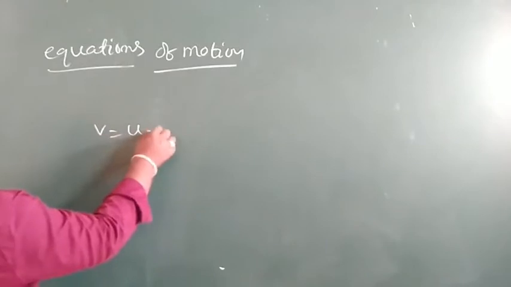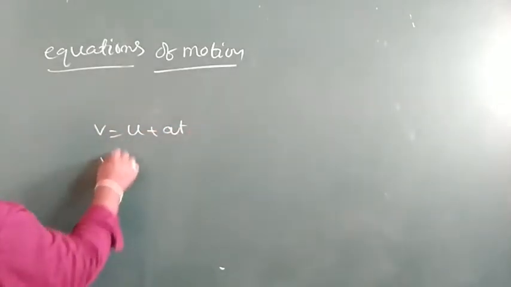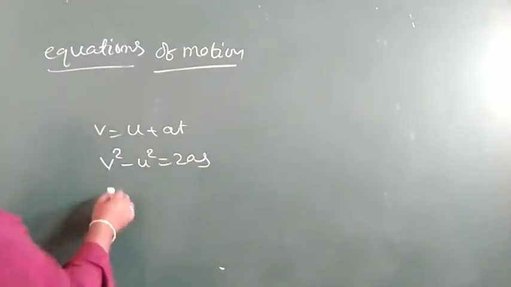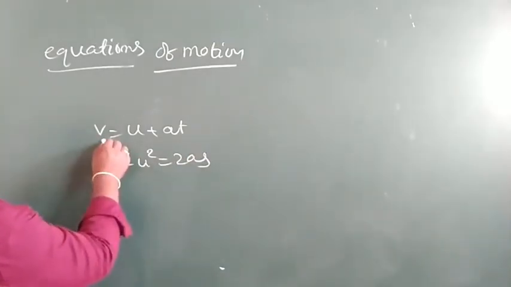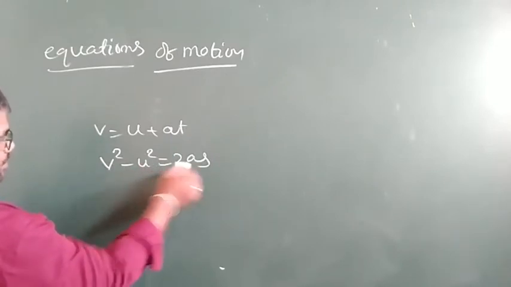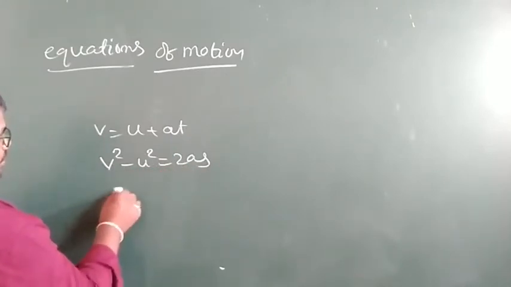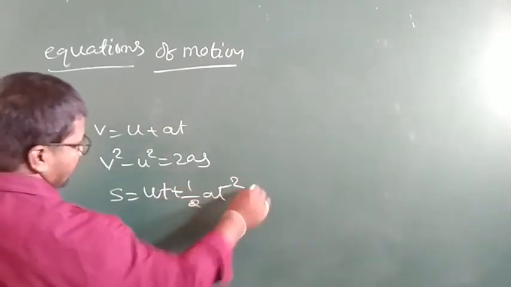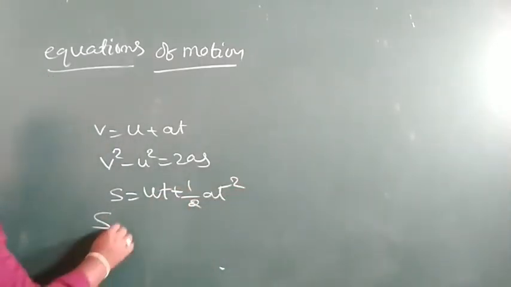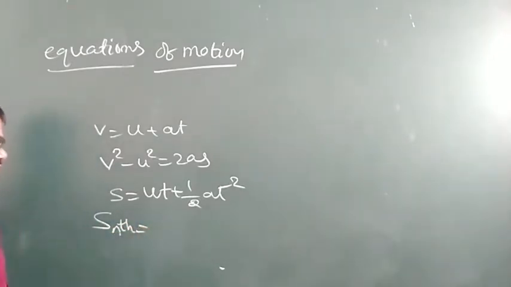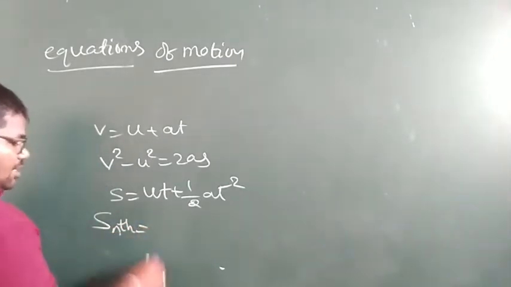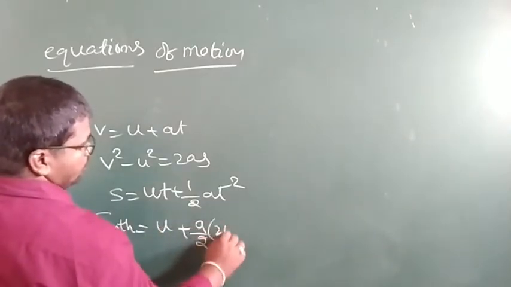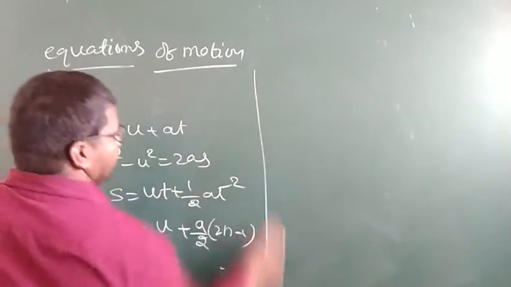V is equal to U plus AT, V square minus U square is equal to 2AS, S is equal to UT plus 1 by 2 AT square, and S nth, the displacement at the nth second of the particle, is given by U plus A by 2 into 2n minus 1.